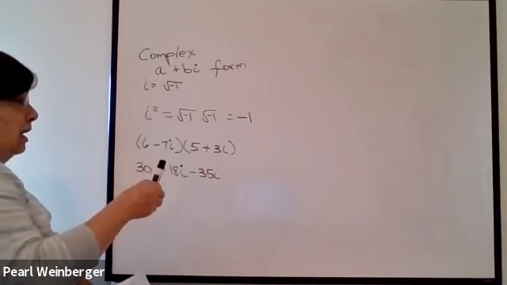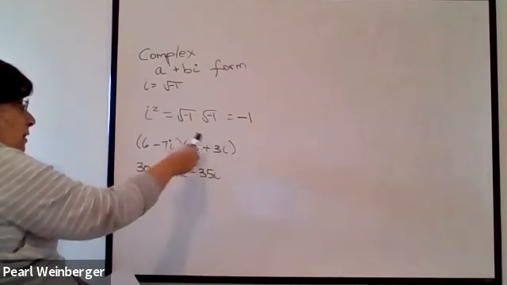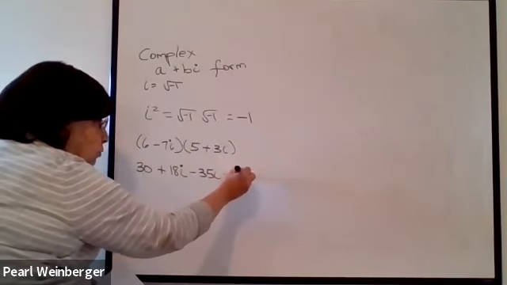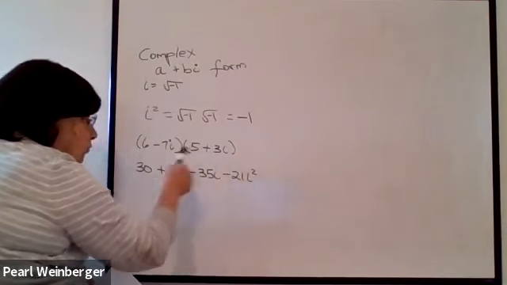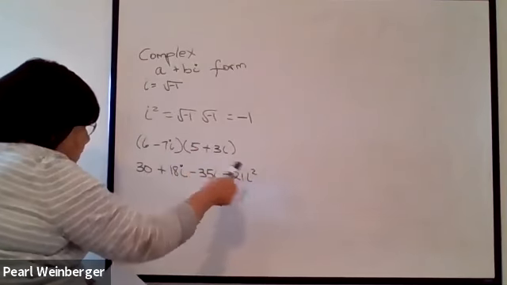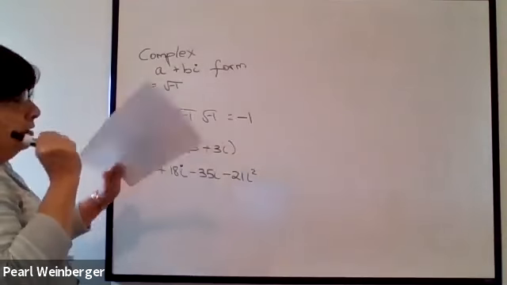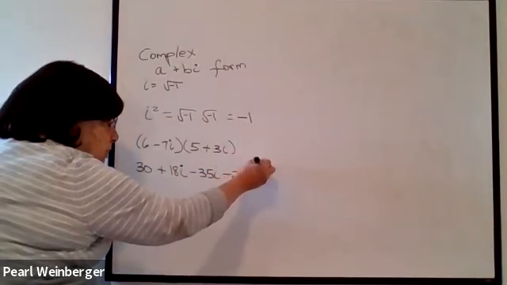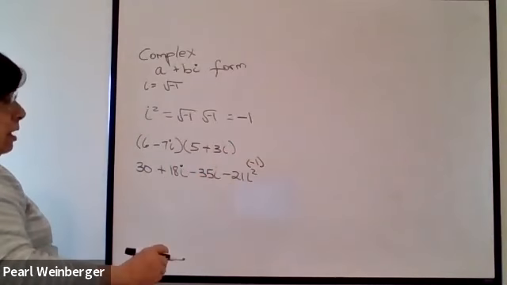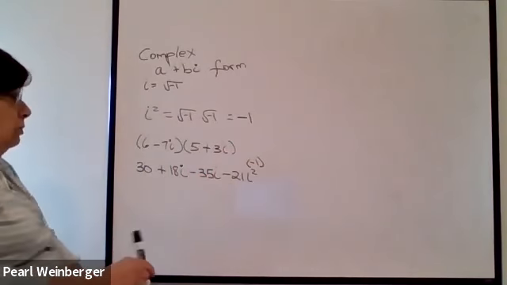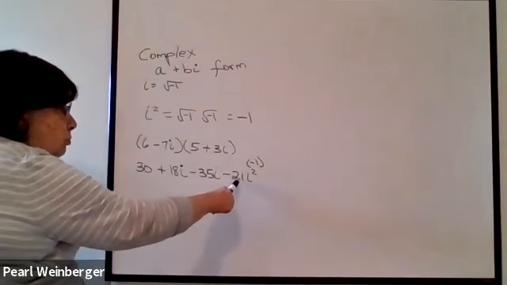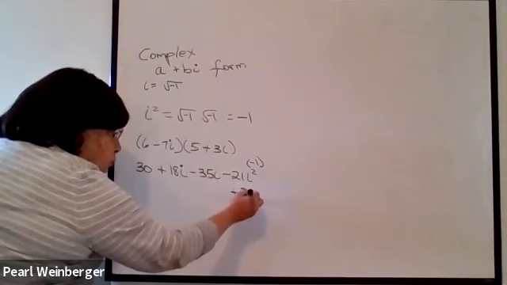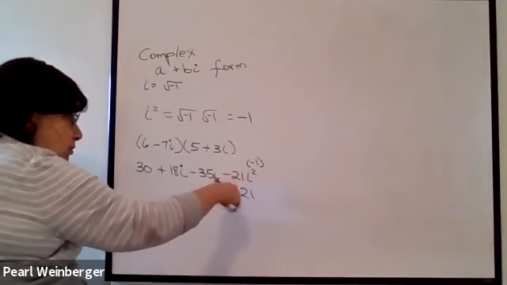And last, negative 7i times positive 3i, which gives me negative 21i squared. Don't forget, i times i gives you i squared. Whenever you come across an i squared, you're going to replace it with negative 1, because that's what i squared equals. So this will give you negative 21 times negative 1, which is a positive 21. No i in this term.